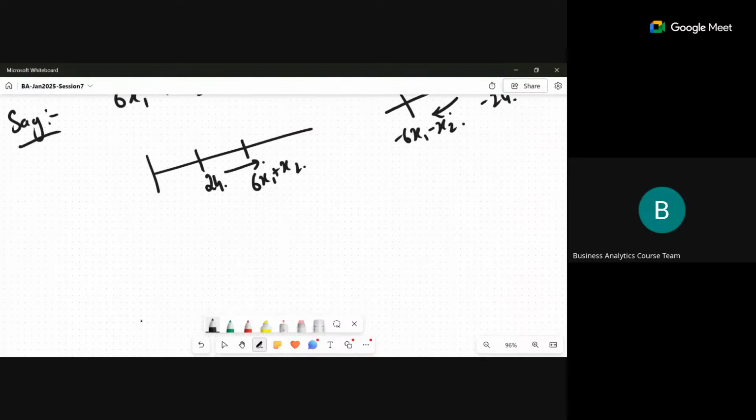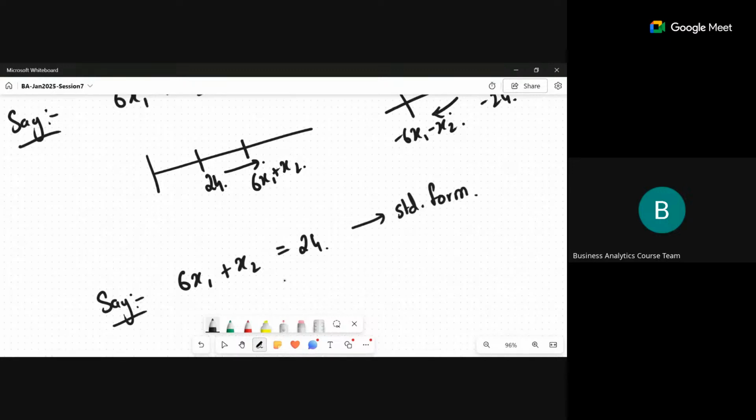Say you had this. Say it was 6x1 plus x2 equal to 24. How will you convert this to a standard form? So in this case, we will write two equations.